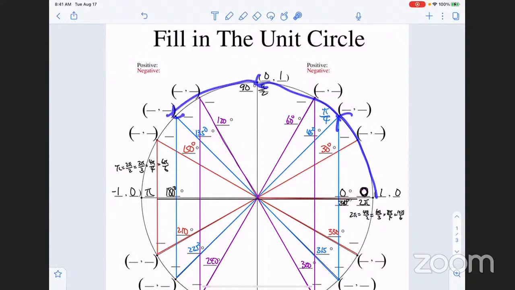And if I go one more spoke here, it's going to be 3 pi over 4, right? So you've got pi over 4, 2 pi over 4, 3 pi over 4, and 4 pi over 4. 4 pi over 4 is right here. So 0, pi over 4, 2 pi over 4, 3 pi over 4, 4 pi over 4.